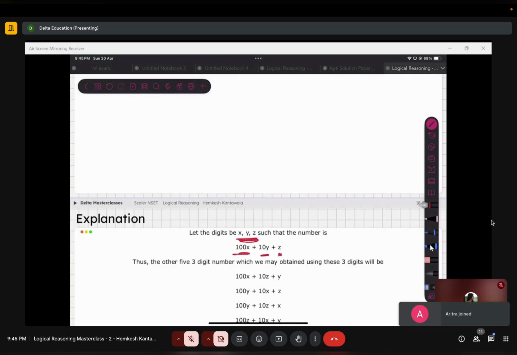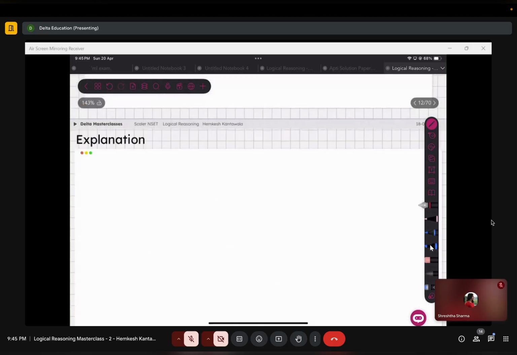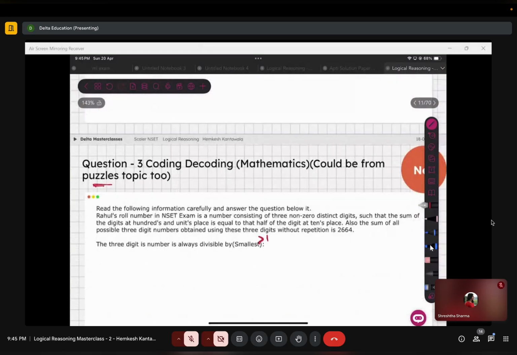Correct. If we need to get the number from these digits, we always multiply it with its base value. So the base value for z becomes 1, for y becomes 10, and for x becomes 100. And if we multiply it with the digit and sum it, we find the number. Now, in the question, it is said that it is a three-digit number with three non-zero distinct digits.